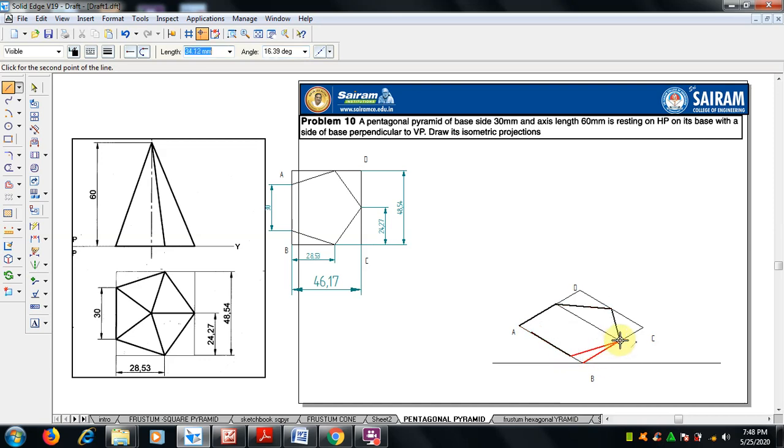So this is to be joined here, and from this end to this end, clear? So that's all. Now this is the base of the pentagon.